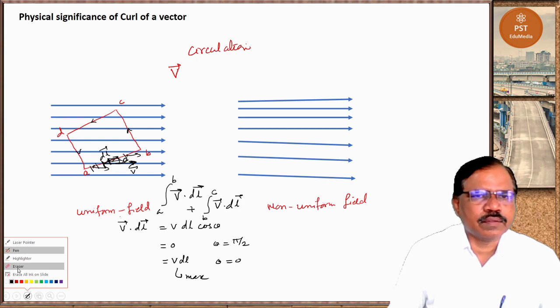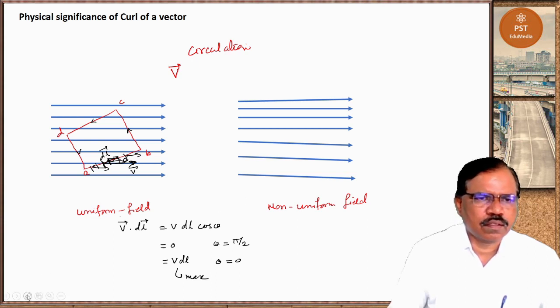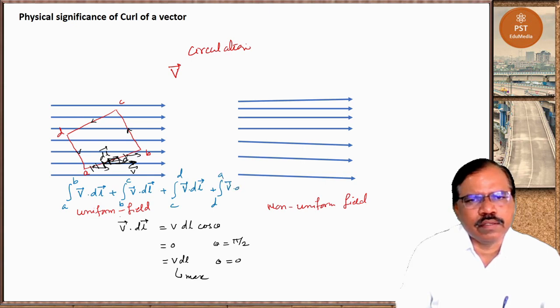So we take integration A to B v dot dl, plus integration B to C v dot dl, plus integration C to D v dot dl, plus integration D to A v dot dl.